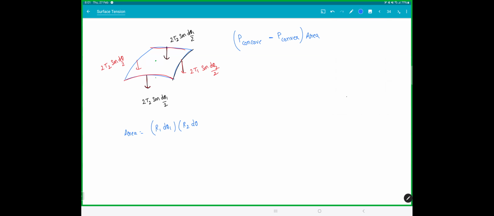This will equal the total forces, which is 4 T1 sine d theta 2 by 2 plus 4 T2 sine d theta 1 by 2. And we know T1 is surface tension into R1 d theta 1, and T2 is surface tension into R2 d theta 2. Perfect. So we get P concave.